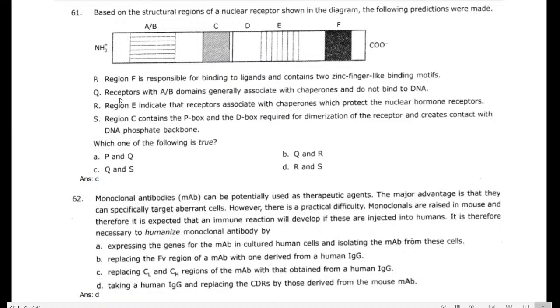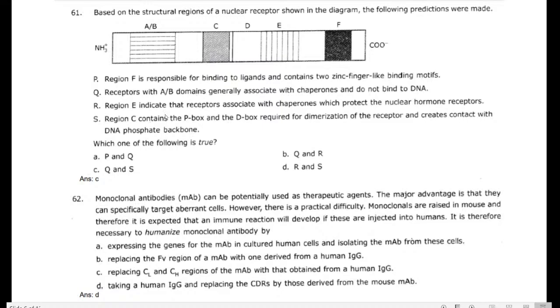Receptors with the AB domain generally associated with chaperones do not bind to DNA. Right, the A and B regions are not able to bind with that compound.